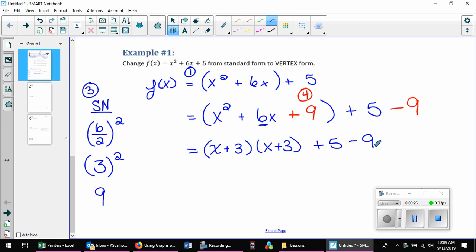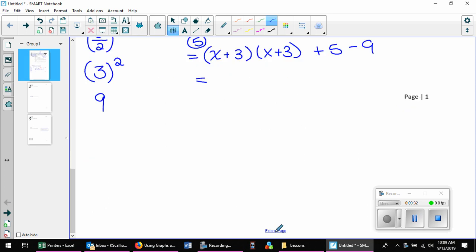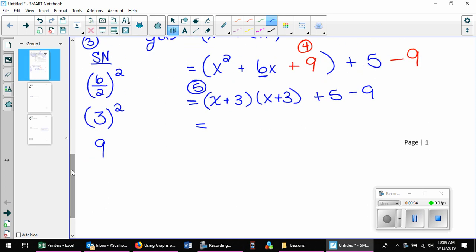This is still step 5. So now, on the next line, I'm going to be efficient, and I'm not going to write x plus 3. I'm going to write it as x plus 3 squared. Ladies and gentlemen, if this is not a perfect square, you've done something incorrectly.